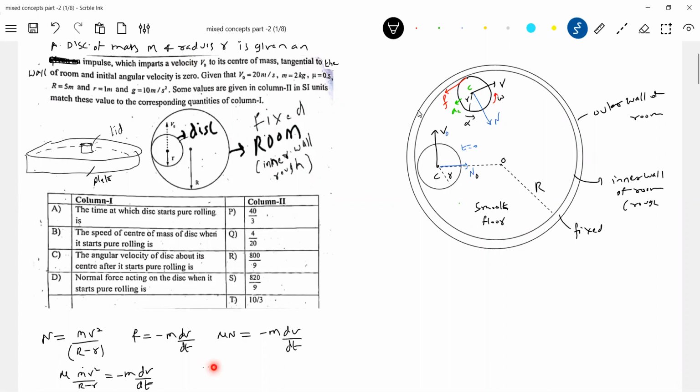I'll bring everything to this side: v to the power of minus 2 dv equals minus mu by (R minus r) dt, with limits v naught to v and 0 to t.